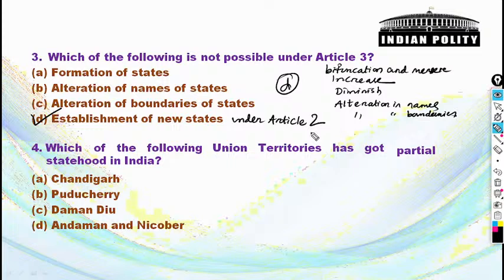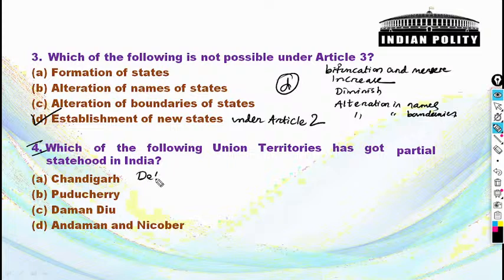Which of the following got a partial statehood in India? Partial statehood. The option is not there. I beg your pardon, this is incorrect. The option is there.